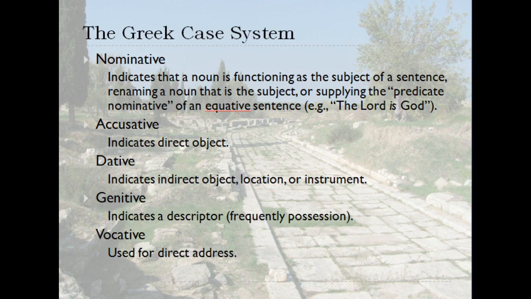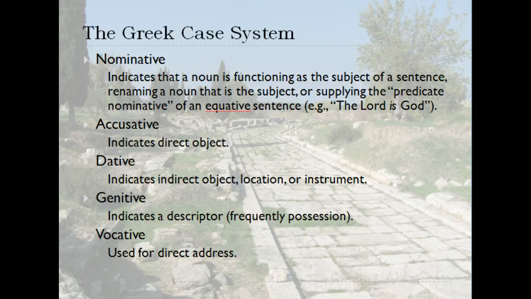Let me explain this a little bit more. In the sentence, "The Lord reigns over the earth," in Greek, the word for Lord, kurios, would be in the nominative case, and in that sentence, it represents the subject of the sentence, who's doing the reigning. In the sentence, "The Lord is God," this is an equative sentence.